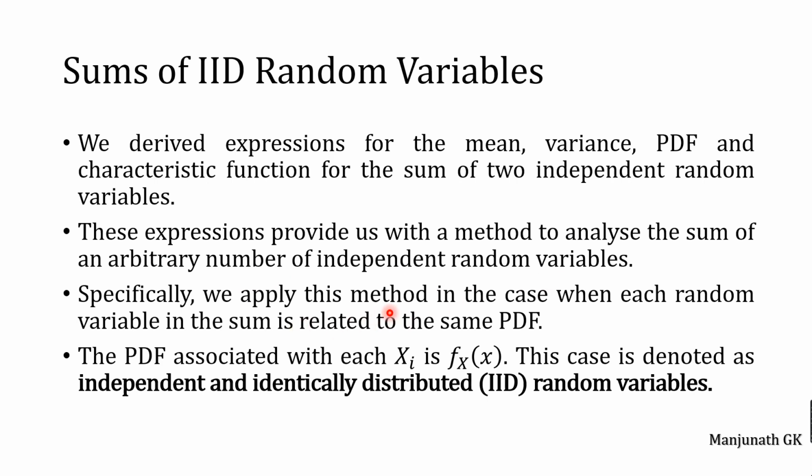Specifically, we apply this method in the case when each random variable in the sum is related to the same PDF. The PDF associated with each xi is fx of x. In this case, they are denoted as independent and identically distributed random variables.